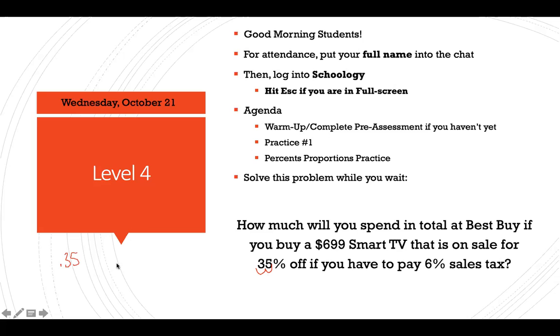What am I going to do with that 0.35? Times it by the 699. Yeah, I'm going to multiply it by the price of the TV. All right, so I'm going to do 699 times 0.35. I'm just going to line it up so that it's easier for me to see.